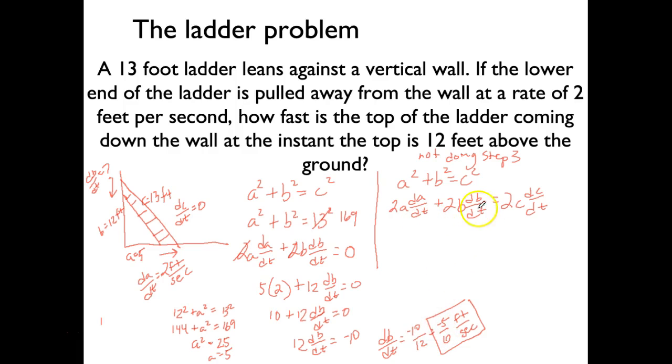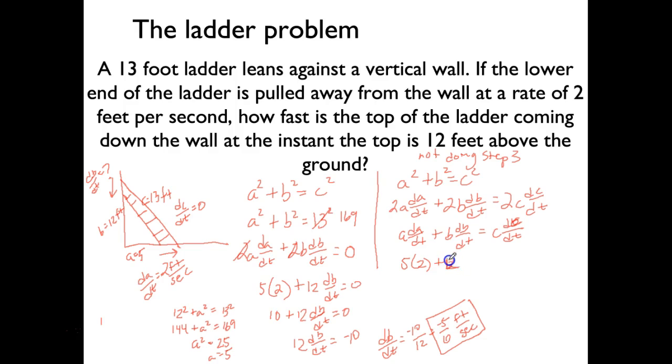Now, let's say you did not plug in 13 for the unchanging variable and you ended up here. Notice what's going to happen here. You can get rid of the 2's just like I showed you on the last lesson. So it's going to be dA over dt plus B dB over dt equals C dC over dt. Oh, sorry, dC over dt. Now A you have, it's going to be 5. You're going to plug in 2 for the change in A plus B is 12.